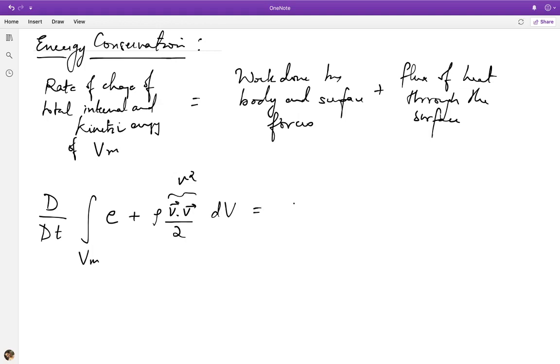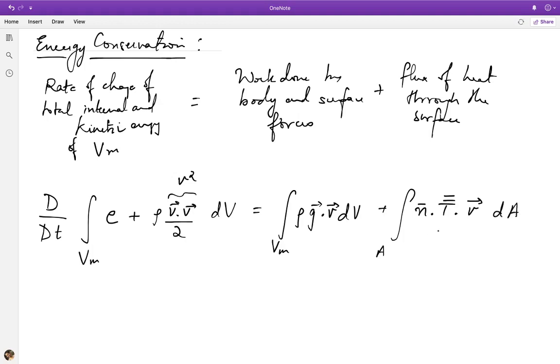And this must be balanced by now the work done by surface and body forces. So let's write down the body force term first. It's the integral over the volume. The body force, of course, is rho g, and you have to take the dot product of that with V. Similarly, to get the work done by surface forces, we integrate over the area. We know that the surface forces are represented by n dot the stress tensor, and this must of course be dotted by V to get the work done by surface forces.